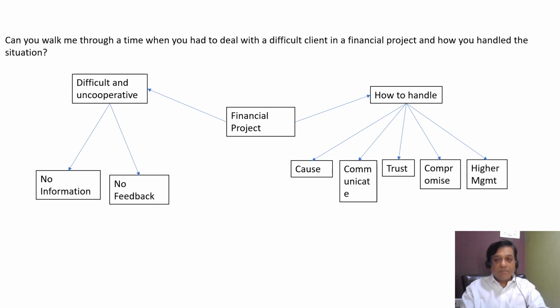Then comes higher management. If the client is behaving negatively, then you can involve the higher management. But involving higher management is a later stage. Before that, you have to find out the cause, you have to communicate, build trust, and compromise, all that you have to do.